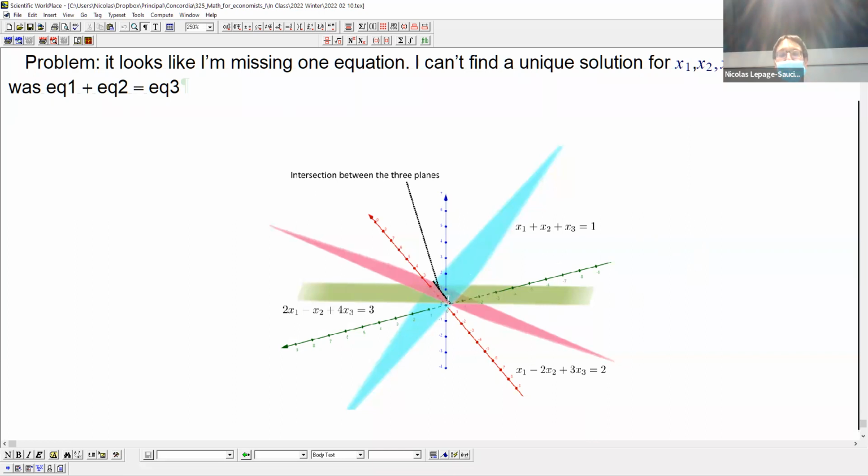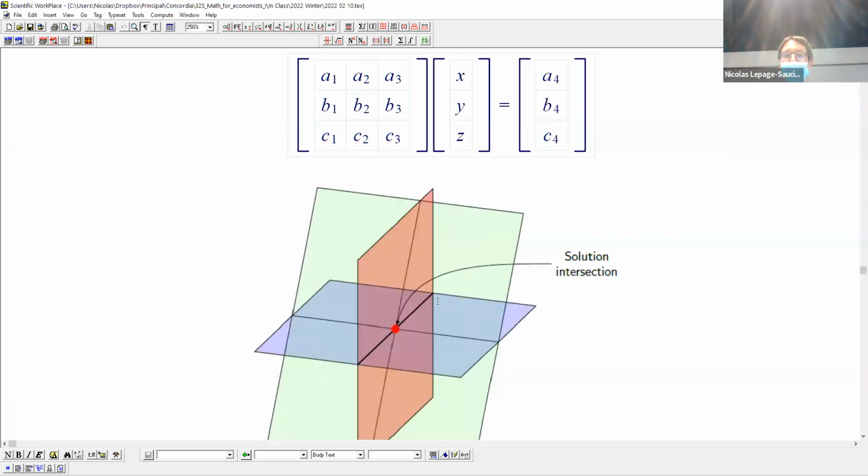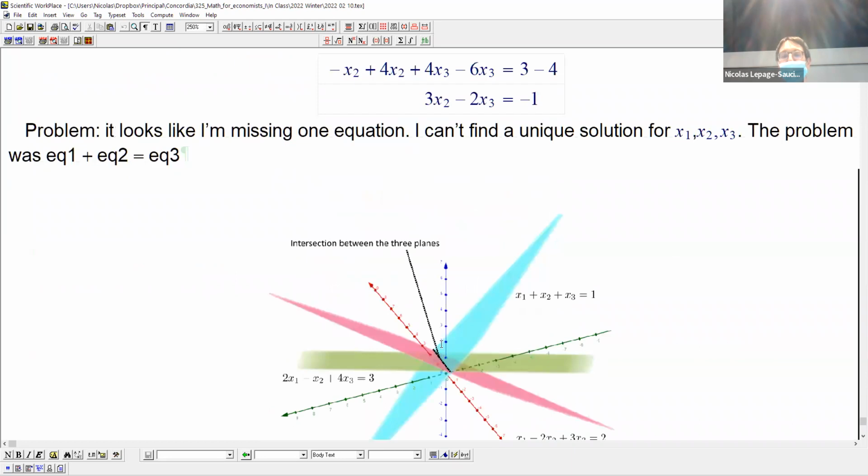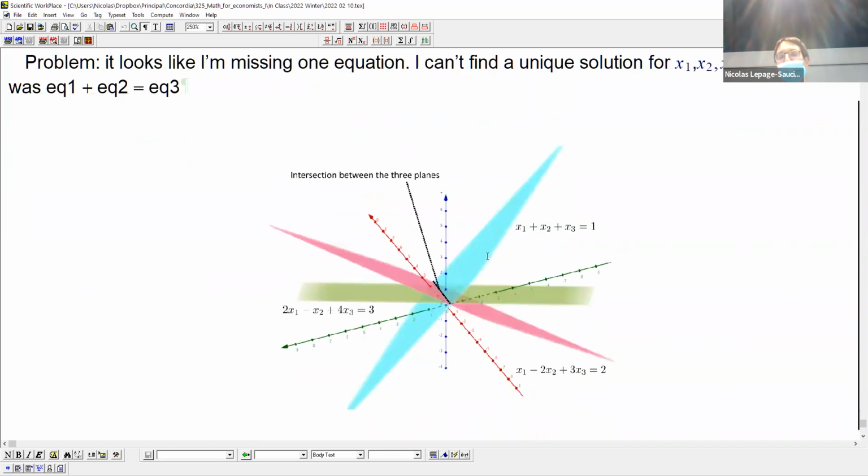It means that I'm going to find an infinite number of solutions, because there is not enough information. In the earlier case, they intersected in one point because they were all independent. Here, each is independent of the others separately, but all three together are not. Adding a third one doesn't add any information.